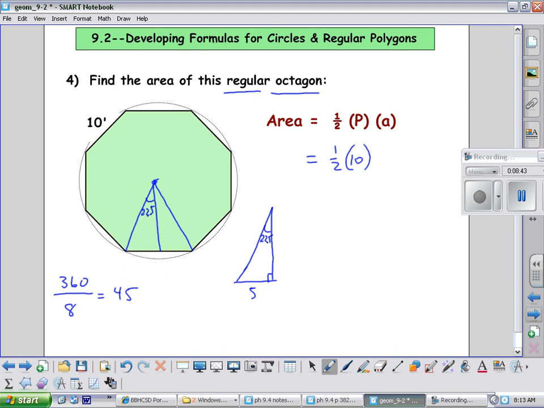Once we know what we're doing here, it's repetitive. We have the tangent of 22.5 equals the opposite, which is 5, over the apothem, which is A, and A equals 5 over the tangent of 22.5 degrees. Okay, so now that turns out to be 12.1.